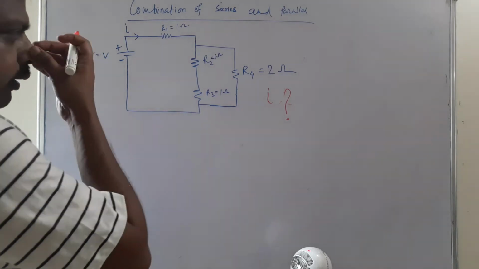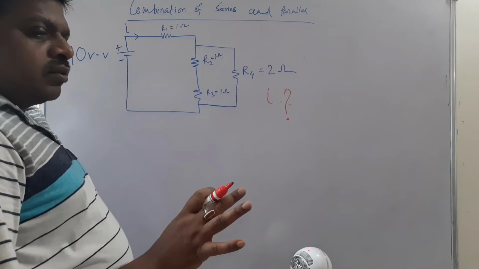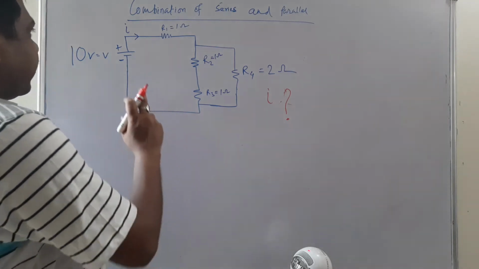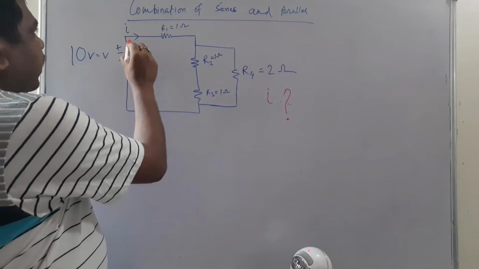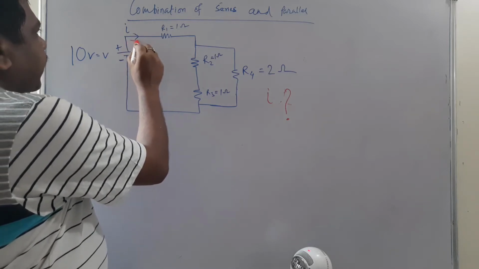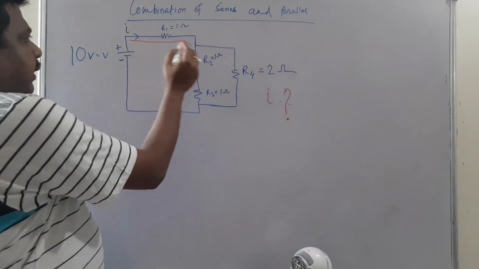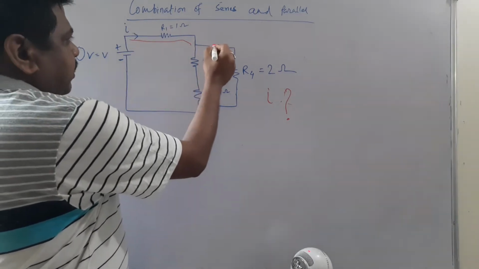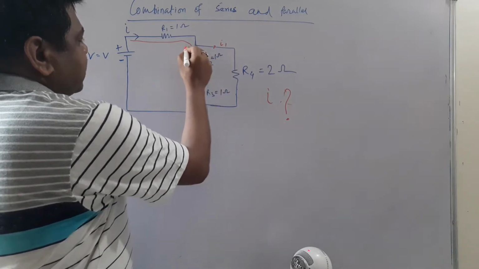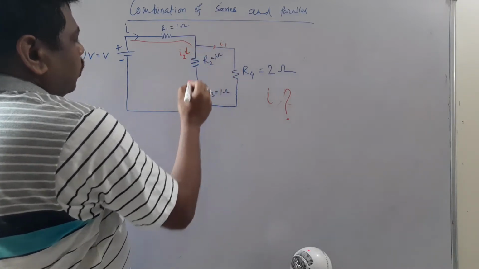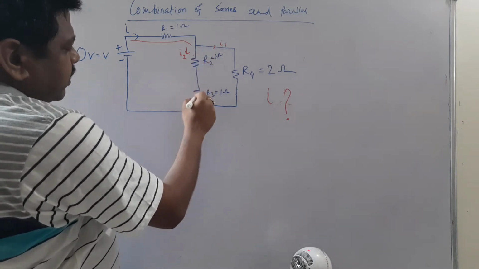So how will you find out it? So I told you first, you have to create a closed path for this current. So how can it be closed? From here, the I current has been divided in two paths, right? This is I1 and this is I2, and the same current will flow in the resistance also.